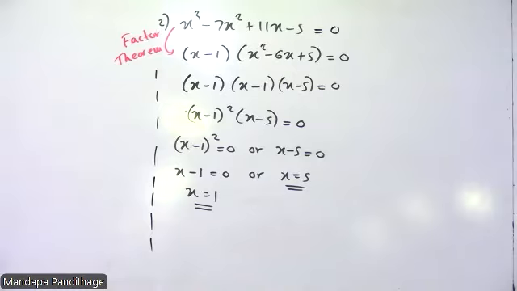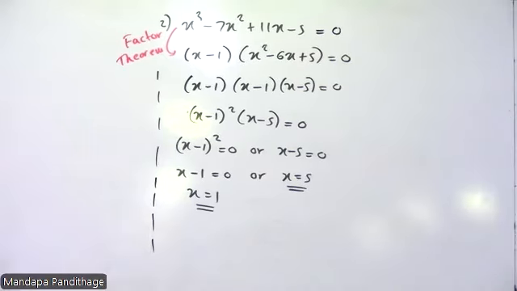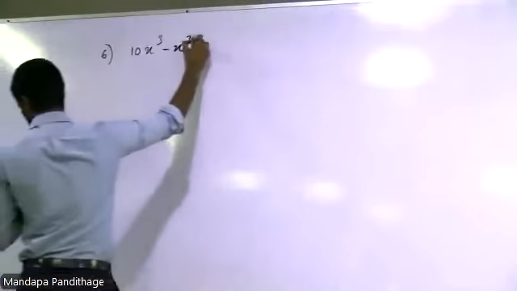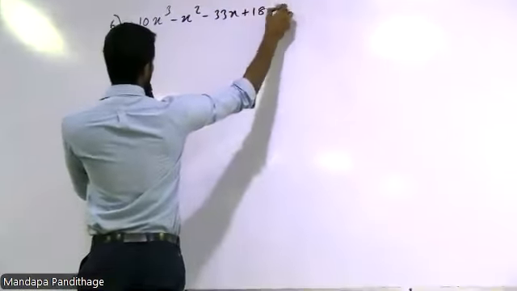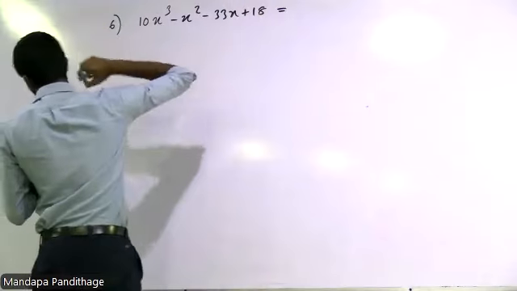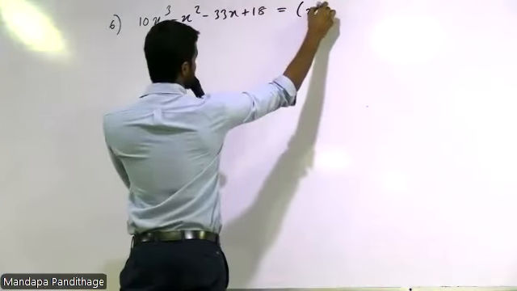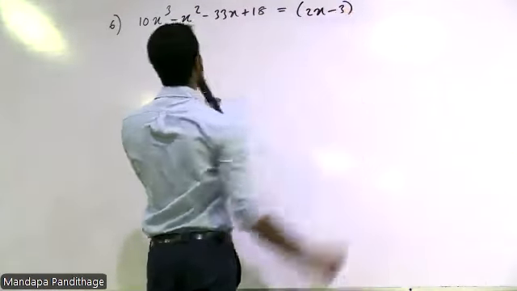So first one, question number 6, we need to factorize this: 10x cubed minus x squared minus 33x plus 18. They have already given one factor, that is 2x minus 3. Then you have to find the other factor.